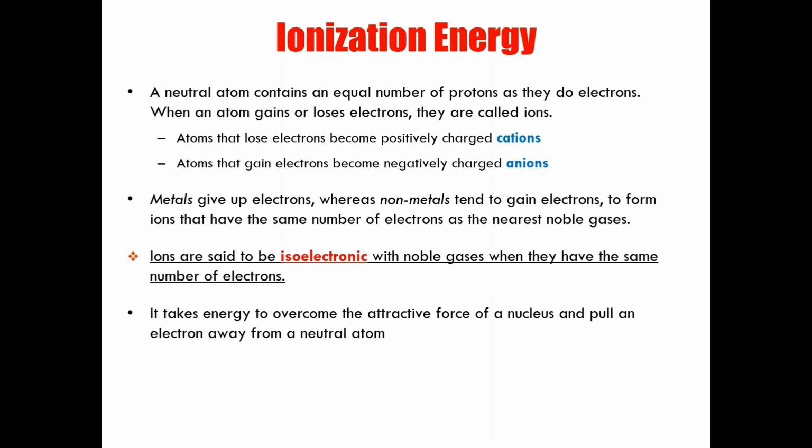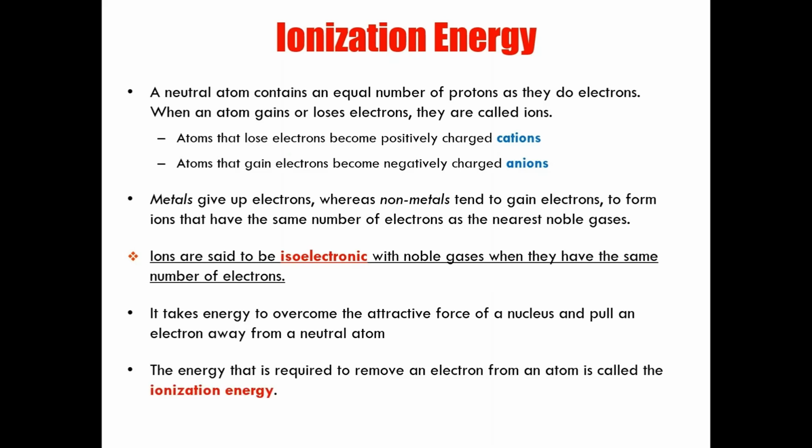Now, of course, to become an ion requires energy. Energy is required whether an atom is having an electron removed or it is removing an electron from another. It is important to understand that each electron is pulled into the nucleus of an atom by way of attractive force. So, for an atom to remove an electron from another, it must overcome that attractive pull the electron is feeling from the nucleus.